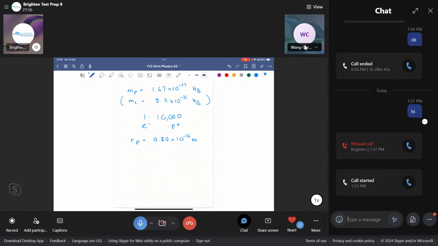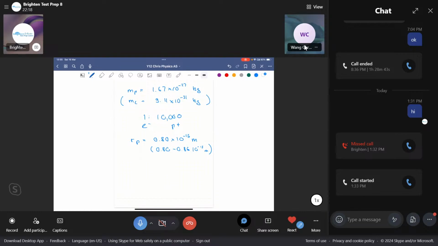So this is about 0.8 times 10 to the power of minus 15. It has a range from 0.8 to 0.86 times 10 to the power of minus 15, because it has to do with the interaction with the electron.